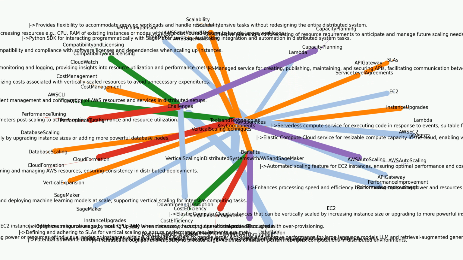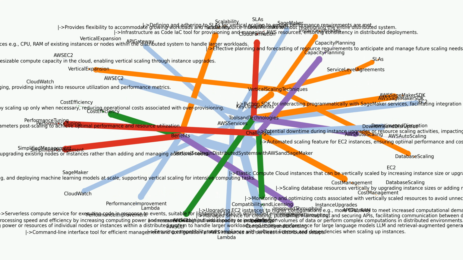AWS SageMaker SDK, a Python SDK for interacting programmatically with SageMaker services, facilitating integration and automation in distributed system tasks. AWS CLI, a command line interface tool for efficient management and configuration of AWS resources and services in distributed setups.